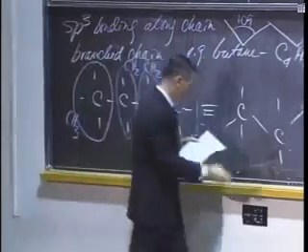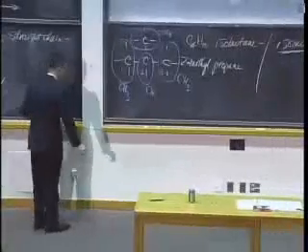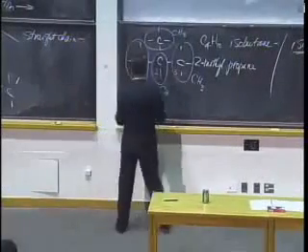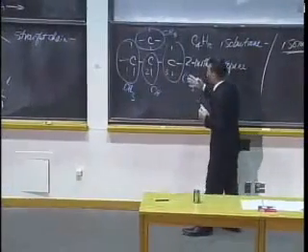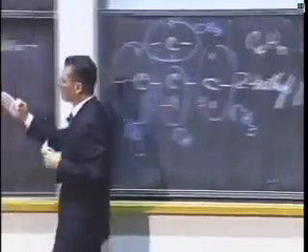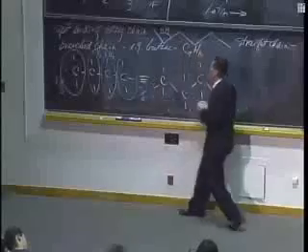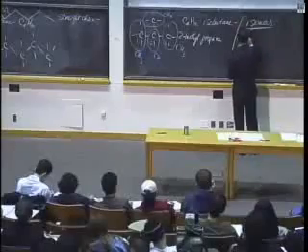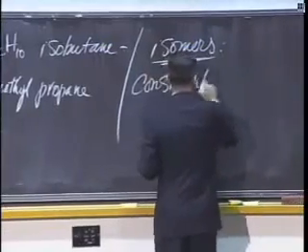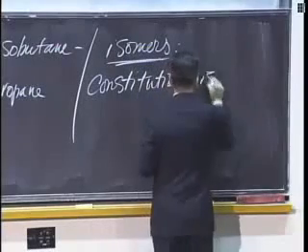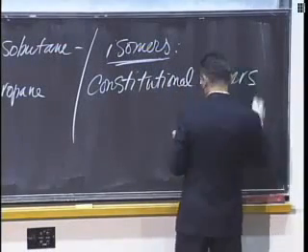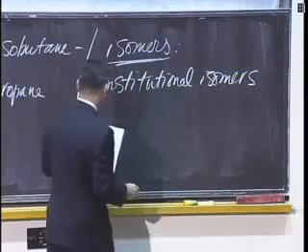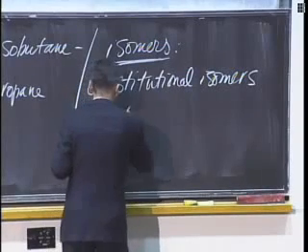These are units. Some people call them constitutive groups. So here, the constitutive groups are different from the constitutive groups in the linear configuration, and so these are called constitutional isomers.